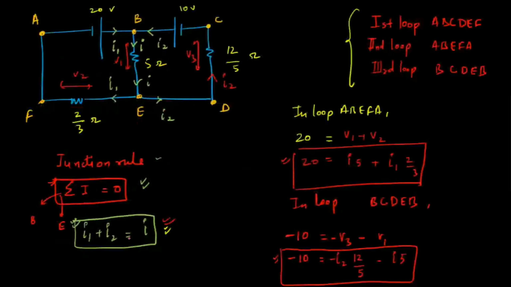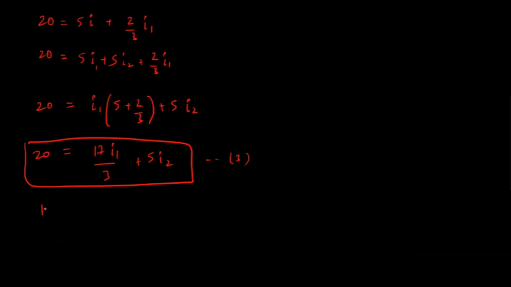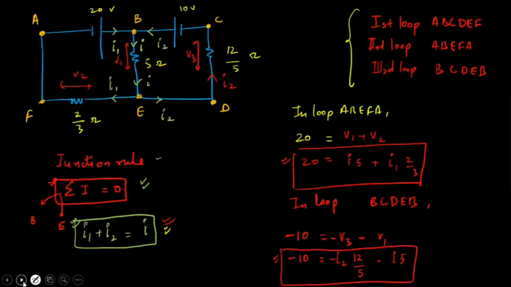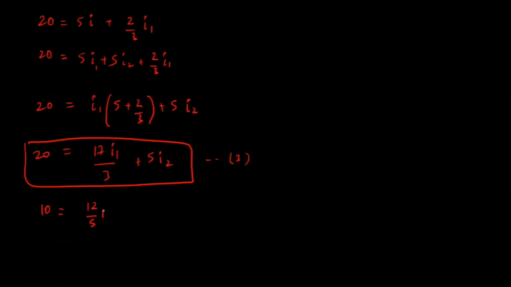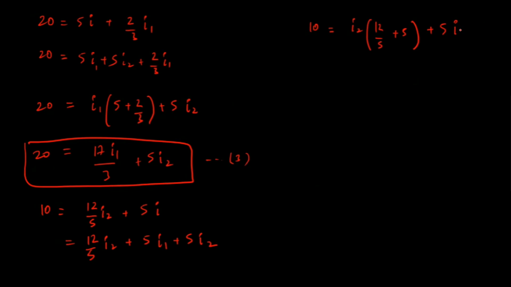Similarly, the second equation we have here is minus 10, and I'm just taking minus common from both sides and cancelling. So 10 is equal to 12 by 5 I2 plus 5 I, that is 12 by 5 I2 plus 5 I1 plus 5 I2, which must be equal to (12 by 5 plus 5) I2 plus 5 I1.